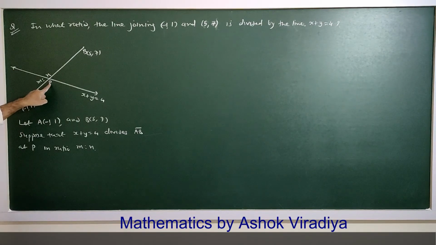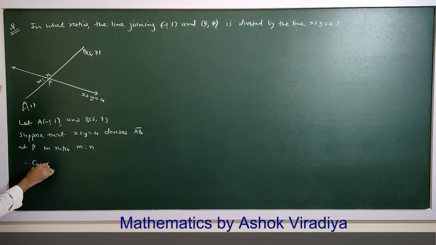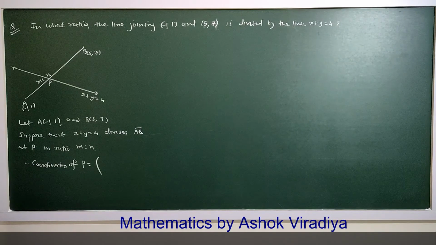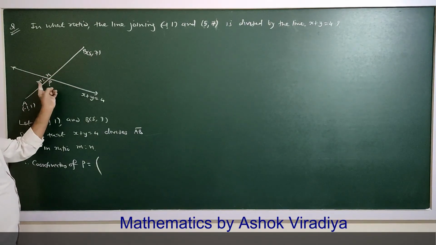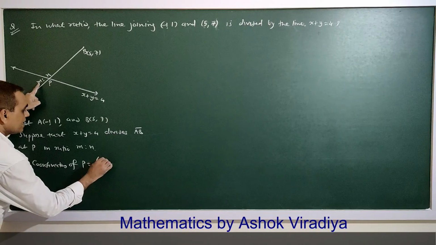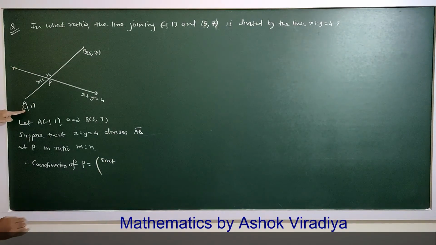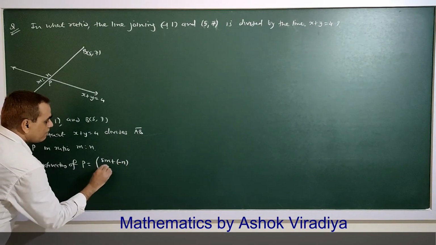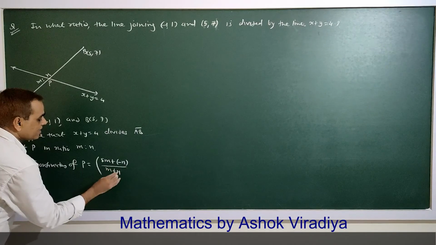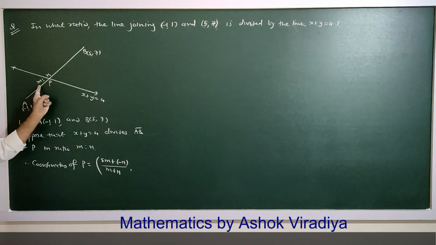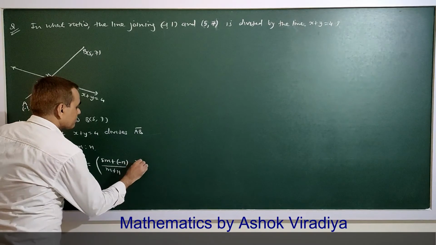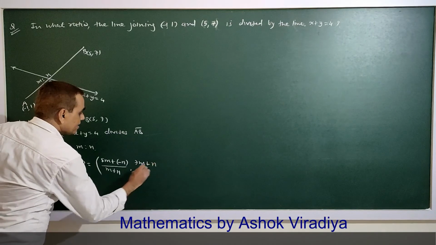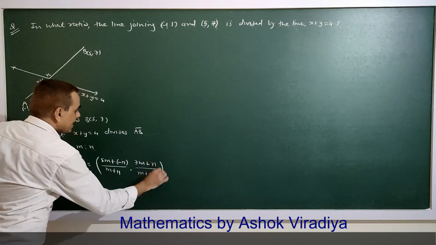So we can calculate coordinates of P. Therefore, coordinates of P are mx2 plus nx1, that is 5 into m, so 5m plus n into minus 1 is minus n upon m plus n, comma, my2 plus ny1, 7m plus n into 1 is n upon m plus n.